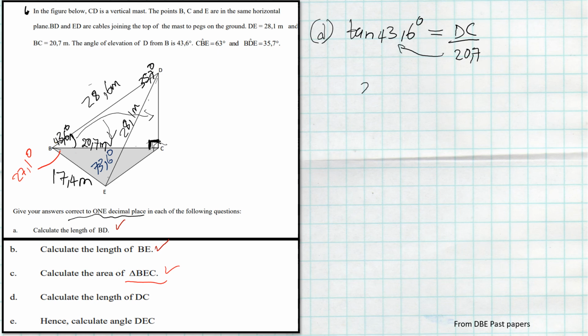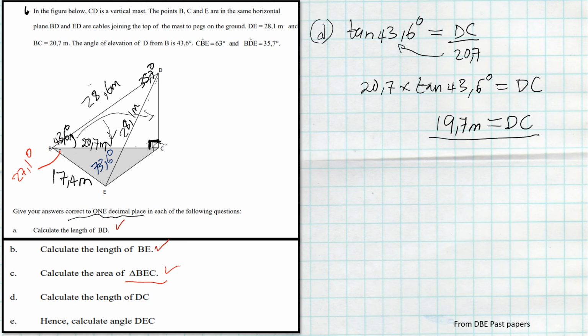So 20.7 multiplied by tan 43.6 degrees is equal to DC. Using a calculator, DC will be equal to 19.7. I think it was in meters. Yeah, meters. So DC is 19.7 meters. And it's very, very useful that after calculating the answer, you go back to your diagram and write it so that you'll be able to connect with the other questions that follow up.